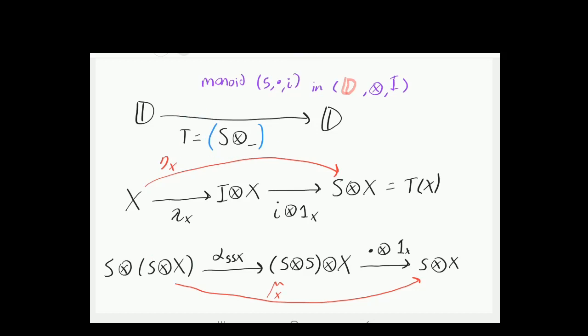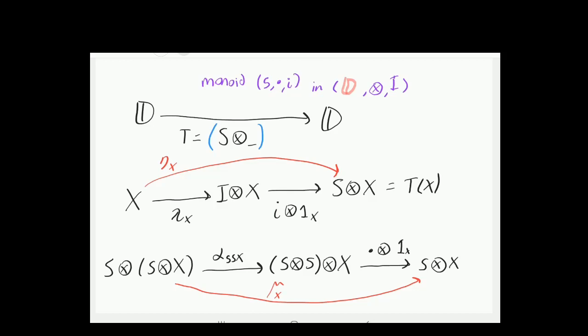The only other things we need to know are the unit and the multiplication. The X component of the unit is given by this diagram here. It's what we get by doing the left unitor and then doing this arrow here, where we're basically using the I from our monoid.